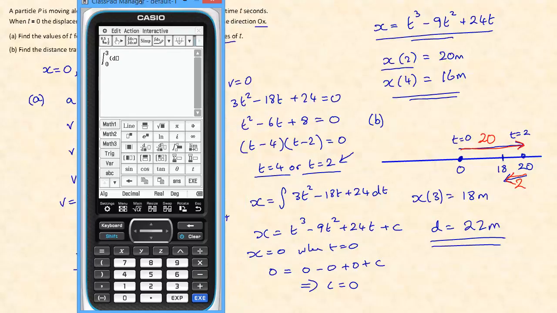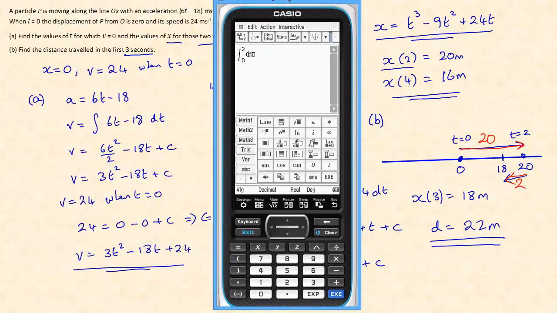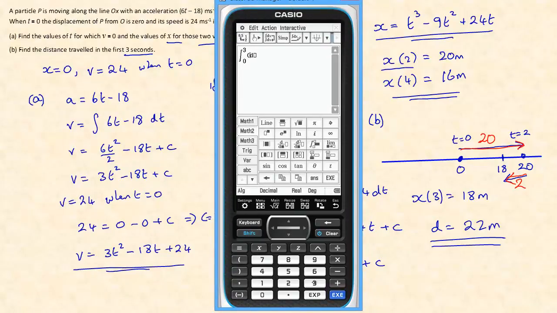The velocity function, if we can find it on here, there it is. So I'm going to use x rather than t. So 3x squared minus 18x plus 24 dx.